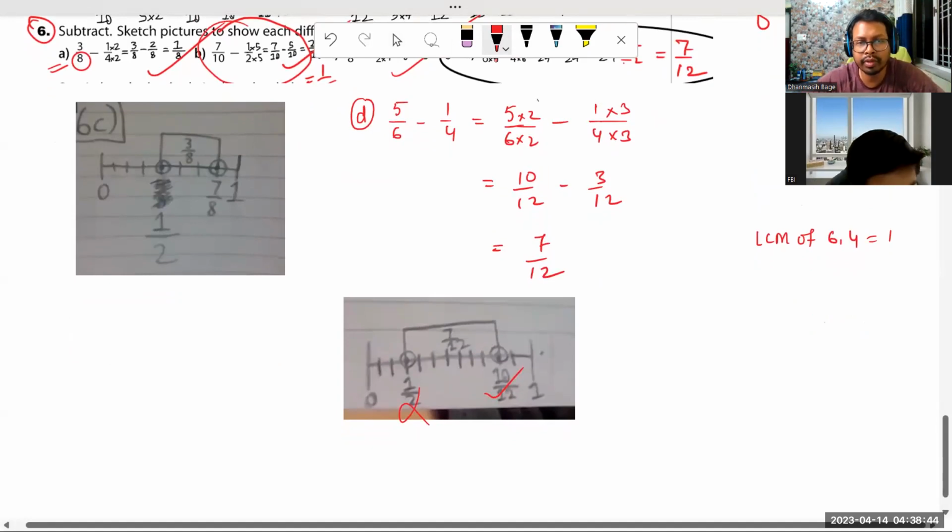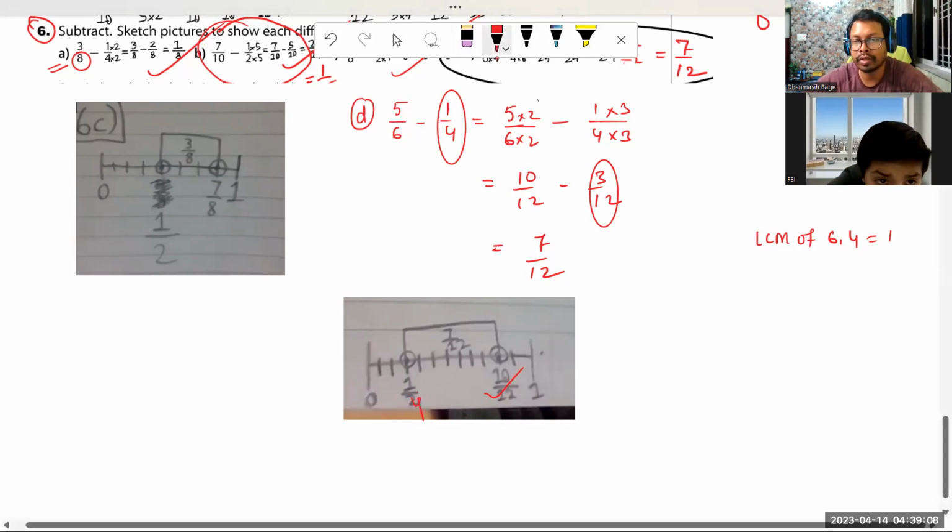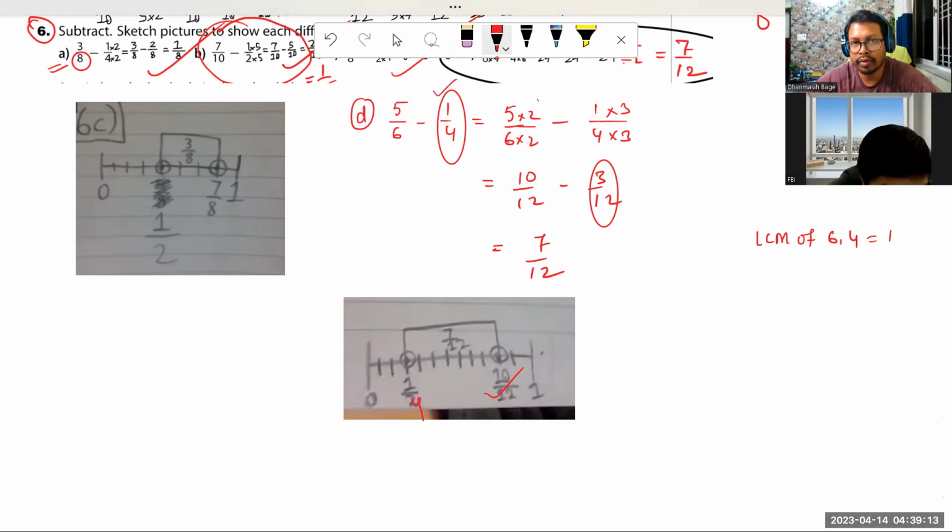One fourth, one fourth, one fourth, 1, 2, 3, 4. See, you needed to plot this one. And 1/4 is equal to what? 3. Okay, no, that's good. Minus. You just wrote this, which is why this is wrong. This is 1/4, not 1/2. 1/4, right? This is the number. 1/4 is equal to this 3/12. That is this thing, and 7/12 is the correct answer. Now this is correct.